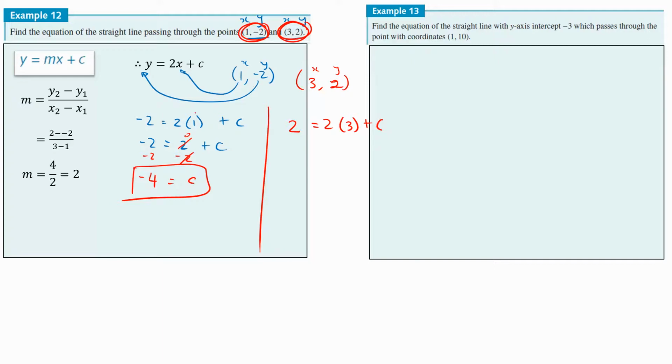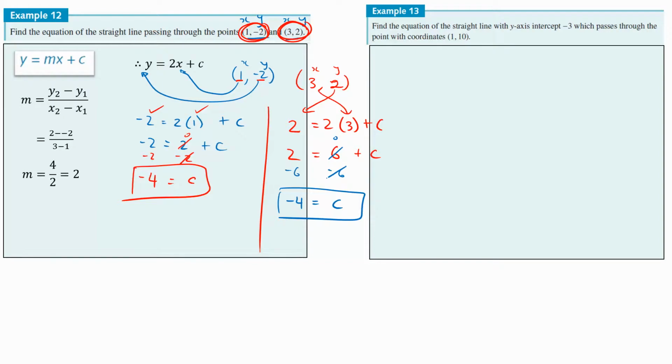Instead of times 1 and minus 2, now I have times 3 and it's equal to 2. 2 times 3 is 6, plus c, equals 2. To remove the plus 6, minus 6 on both sides. 6 minus 6 is 0, and 2 minus 6 is negative 4. Same answer. It doesn't matter which coordinate you choose.